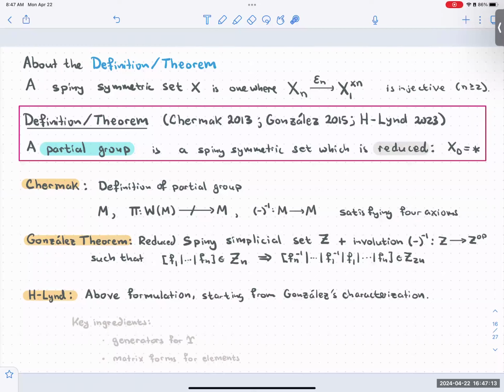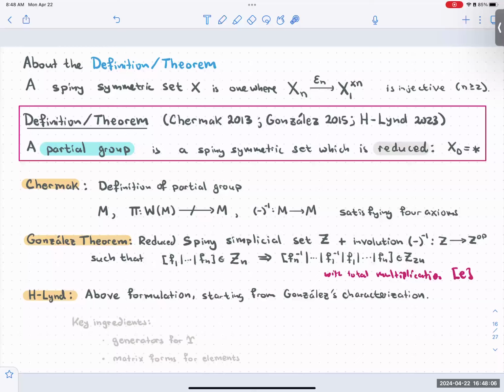So he showed that in our language these partial groups are reduced spiny simplicial sets, not symmetric, together with an involution function, which is something from Z to Z up, so that if you have some n-simplex in Zn, then I can form this other bigger n-simplex in Z2n, whose multiplication should specify that I want this inverse to actually be an inverse, with total multiplication E.